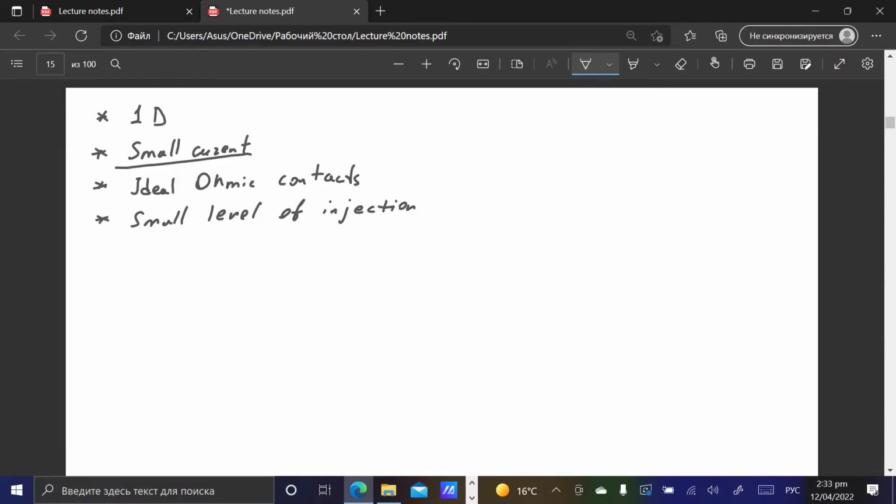So we don't have this electric field non-uniformity inside the p-n junction, and the potential barrier is 0. So we inject so much that all this doesn't make sense anymore.